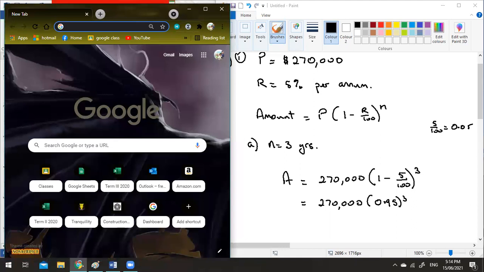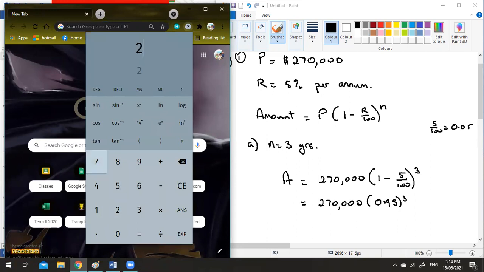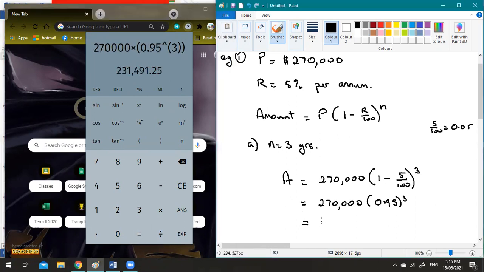All right, so the calculator came out finally. 270,000 multiplied by, open your bracket, 0.95 to the power 3. So after 3 years, the car would have been worth $231,491.25.